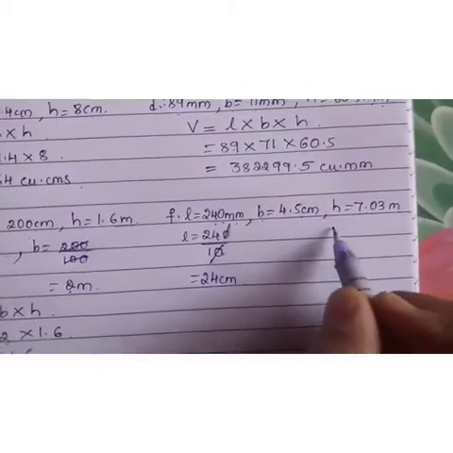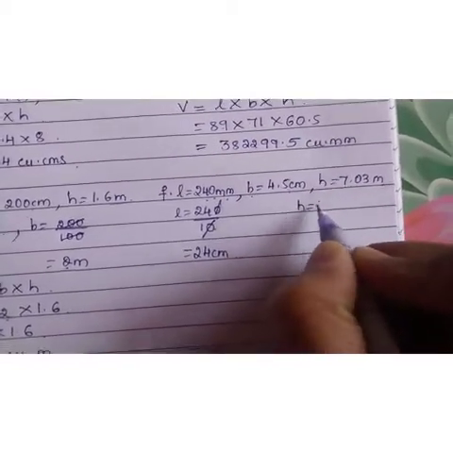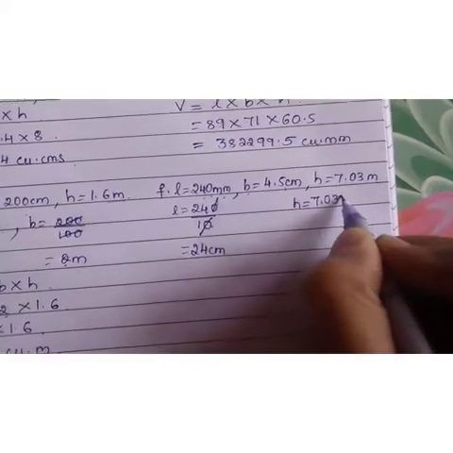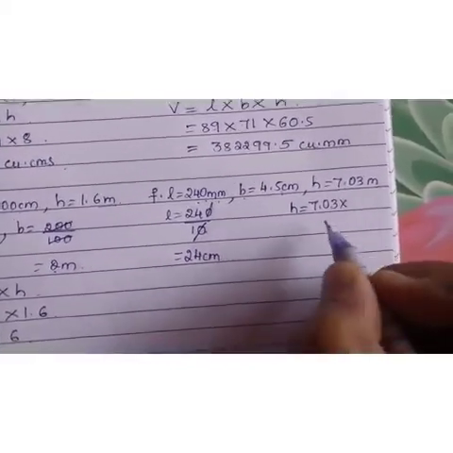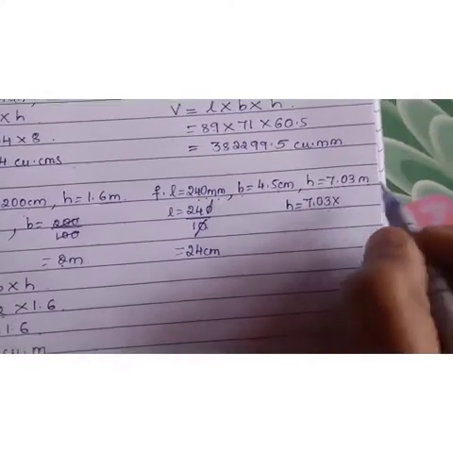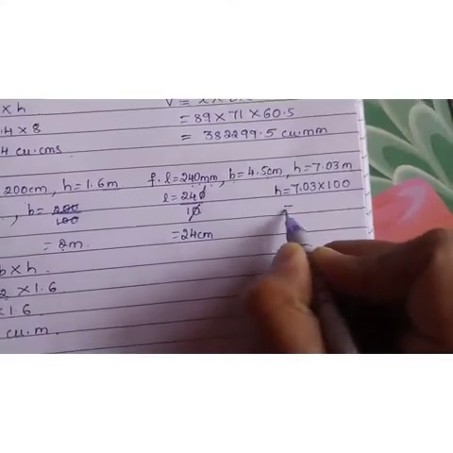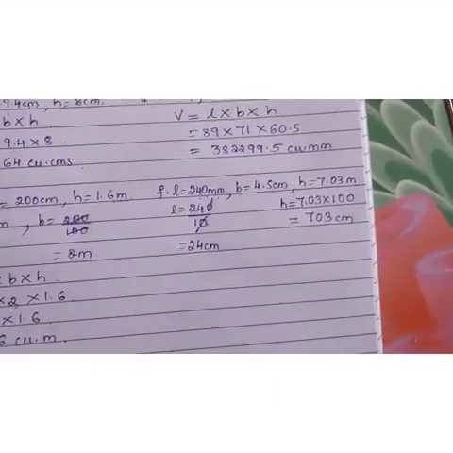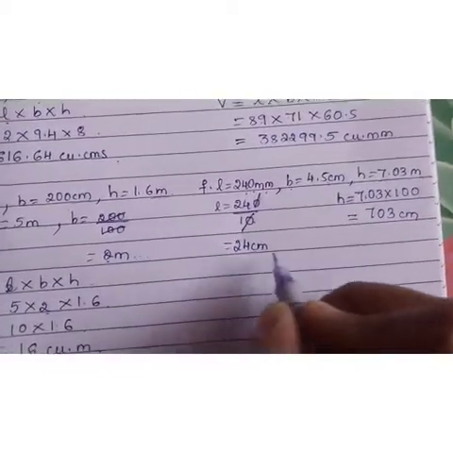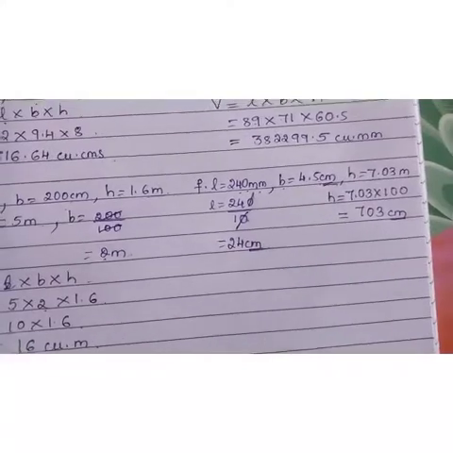And lastly we have height, which is 7.03 meters. So to convert this into centimeters, 1 meter is equals to 100 centimeters. So 7.03 meters will be 7.03 into 100. So when you multiply this, you get the answer 703 centimeters. So children, now you got everything in the form of centimeters, isn't it?